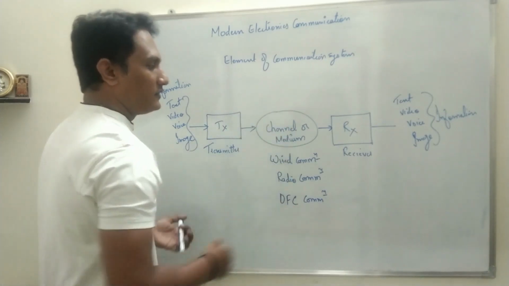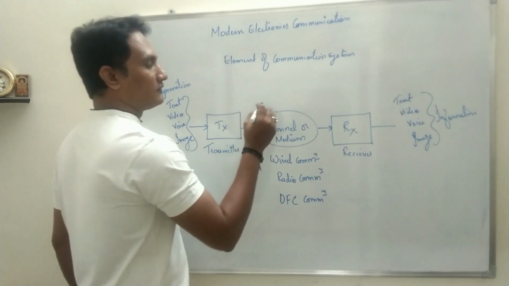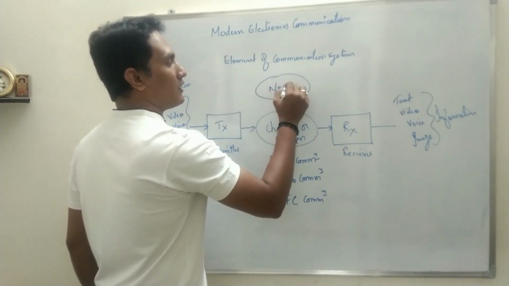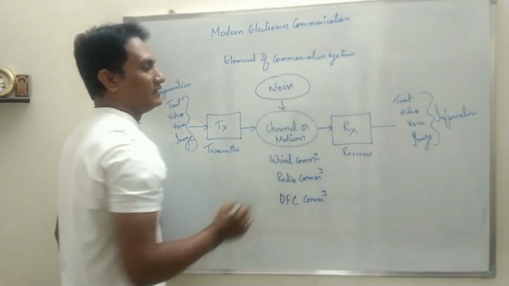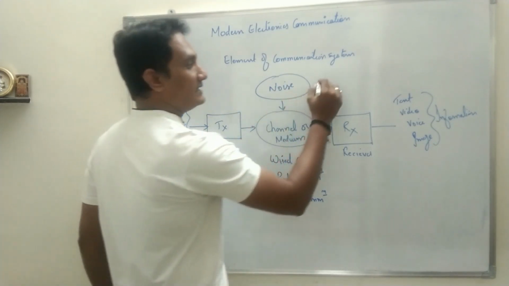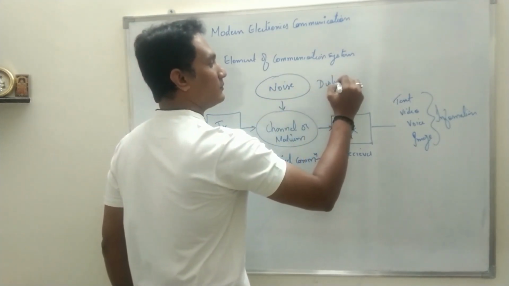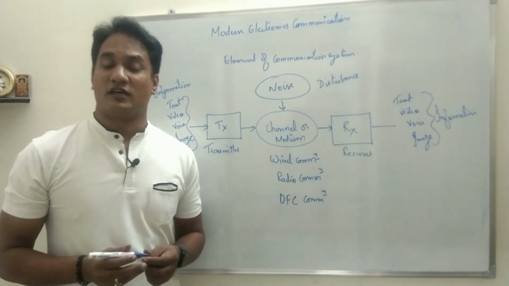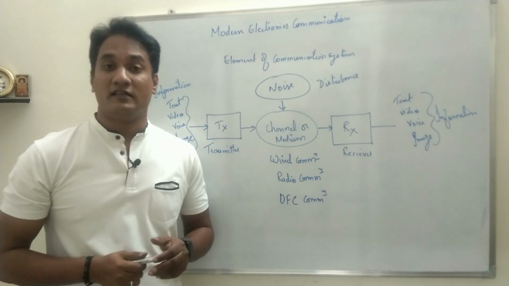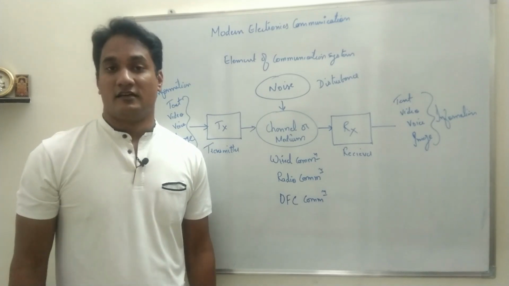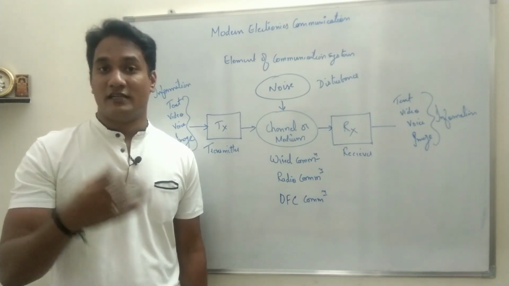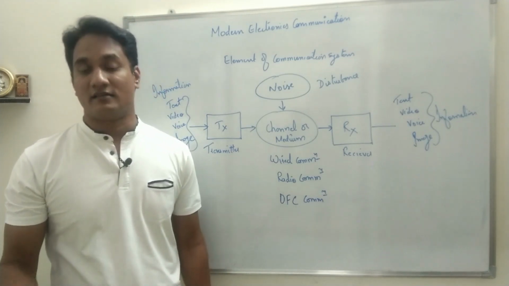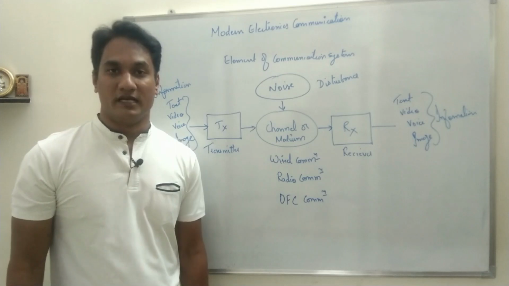And another very important element of this communication system is noise. In electronic terms, it is called disturbance. There is a large probability of disturbance when the information is transmitted from one end to another end through a medium.